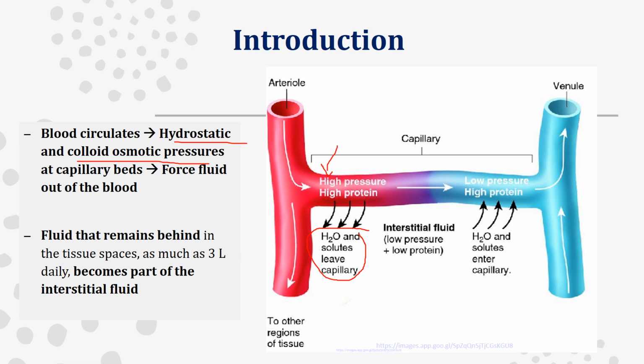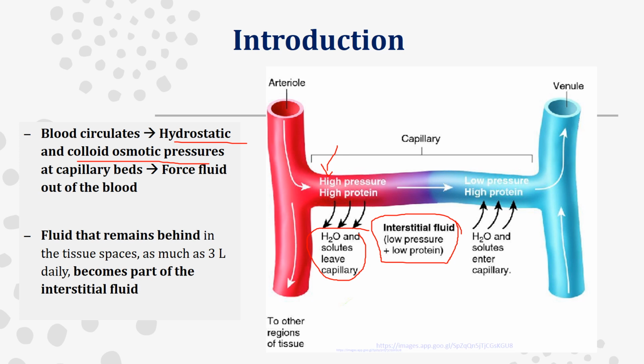However, you won't find red blood cells and platelets because these are too large to squeeze through the capillaries, but all the other solutes are able to squeeze out. And this fluid will eventually fill up the spaces between the cells, and this is what we call tissue fluid, or what is known as the interstitial fluid.